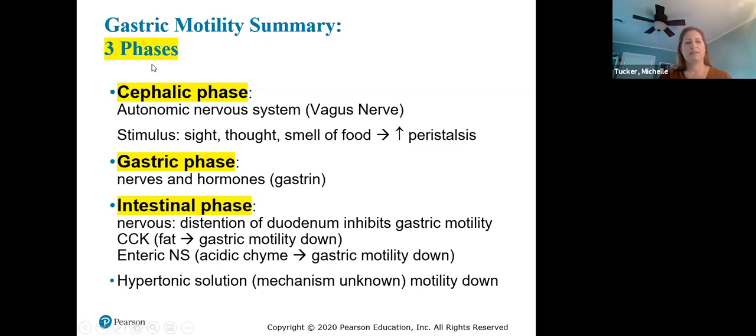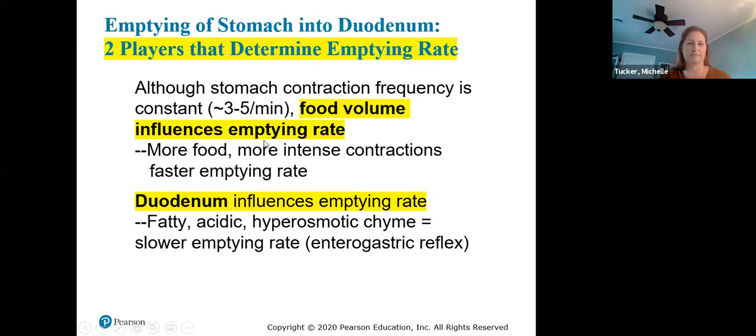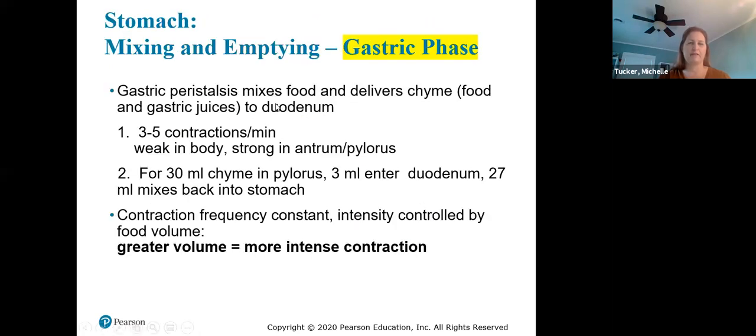So you can see that these are highlighted. You do need to know the 3 phases and be able to match them to the events that are occurring. So for movement, gastric peristalsis is going to churn and mix the food and deliver chyme, which is like a liquefied food.